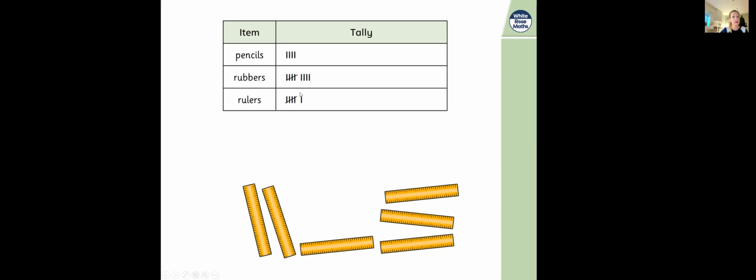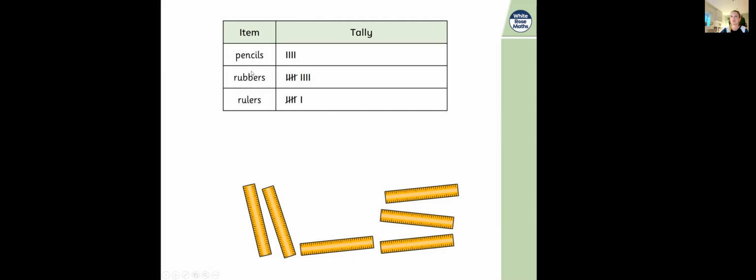What is the total amount of rulers that has been tallied in that tally chart? We've got one group of 5, haven't we? 1, 2, 3, 4, 5. And then there's one extra. So there's a total of 6 rulers there. So our lovely person here has already drawn 1, 2, 3, 4, 5, 6 rulers for us.